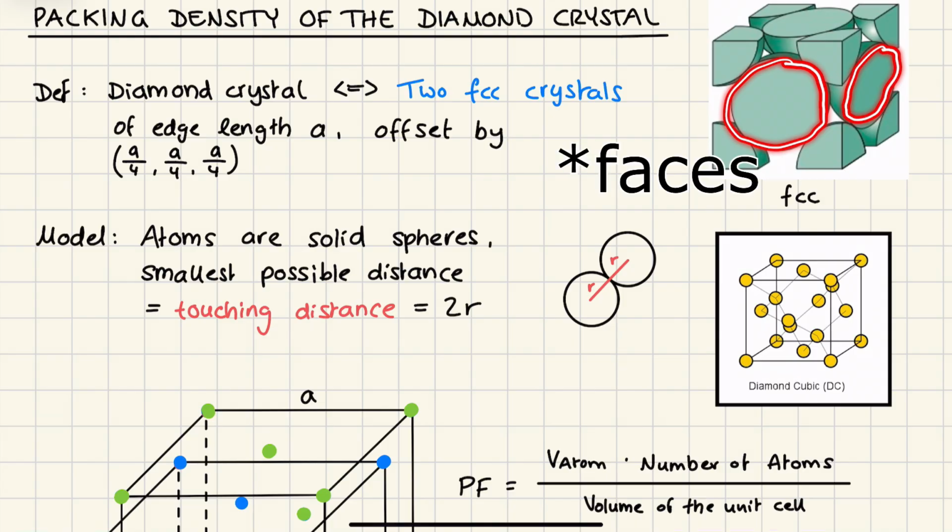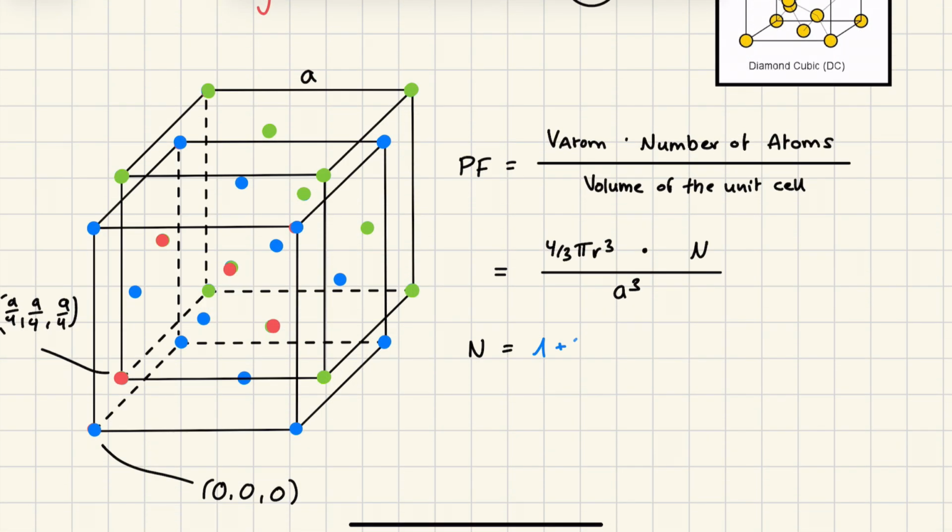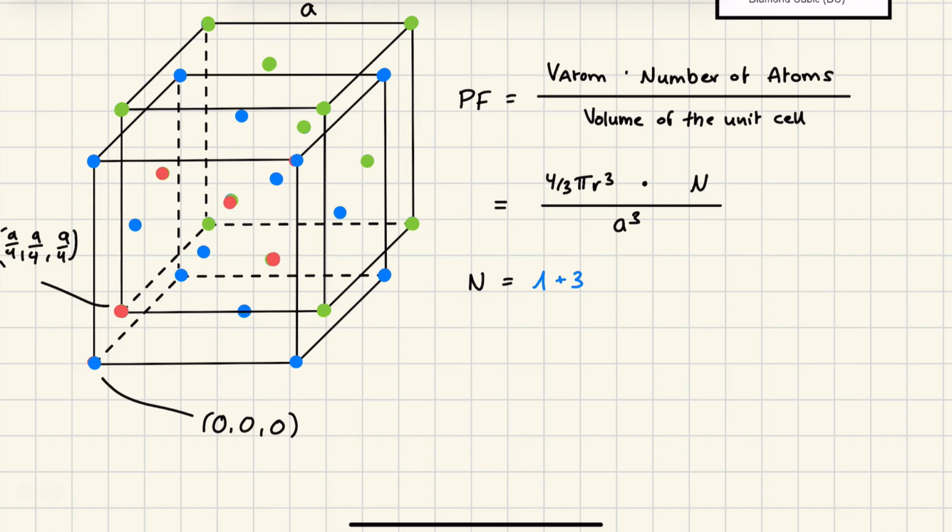A cube has 6 faces, and 6 halves make 3. So the initial blue FCC crystal contributes 4 atoms in total to the diamond structure. However, we pushed 4 additional ones into it from the green FCC crystal. So we have to take those into account as well. 1 plus 3 plus 4. So n is going to be 8.